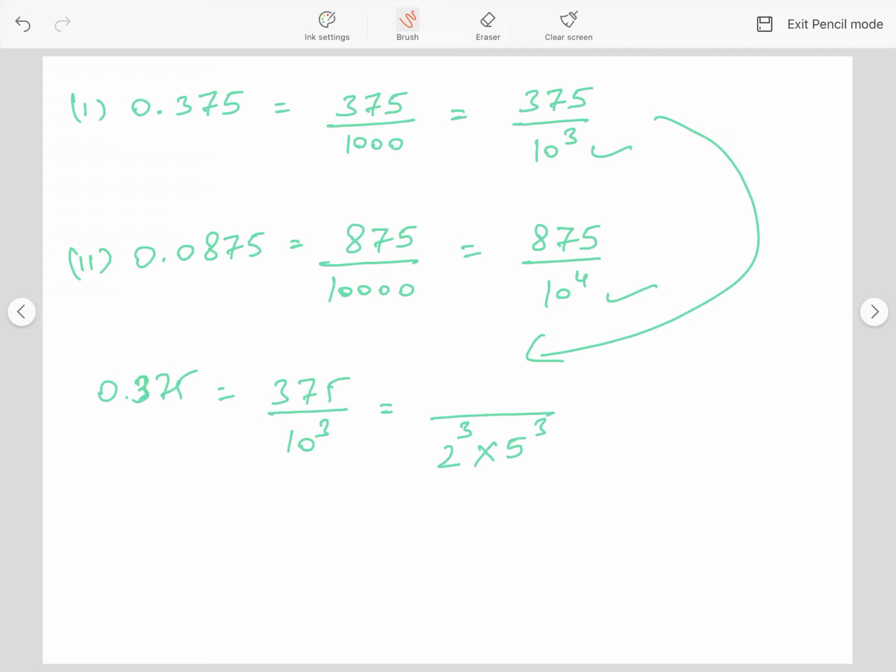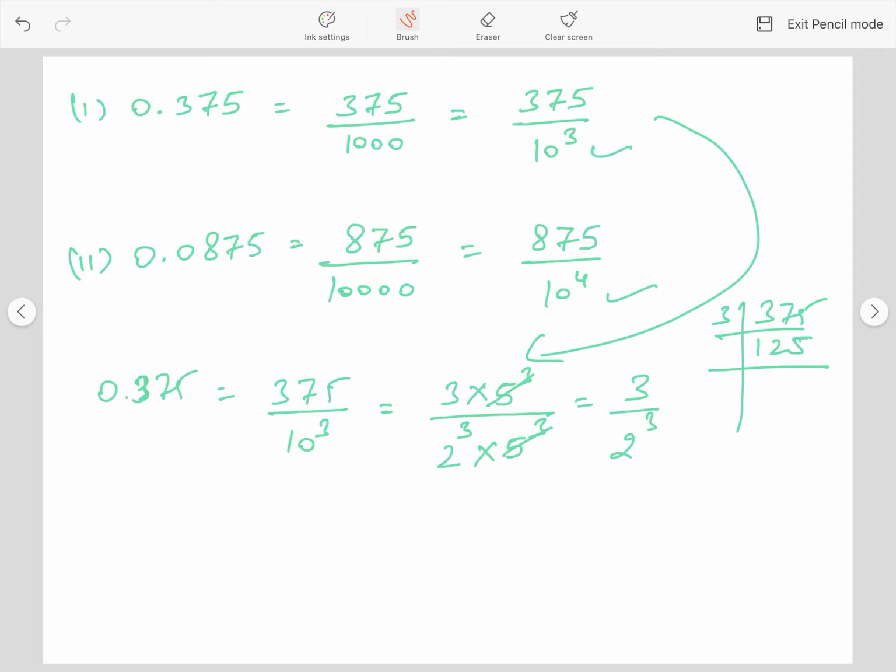And upstairs we can find the factors of 375. That will be 3 into 125, and 125 is the cube of 5, so we can write it as 3 into 5 raised to the power 3. So these can be cancelled out and we can write it as 3 by 8, because 2 raised to the power 3 is 8, or we can write it as 2 raised to the power 3 itself.